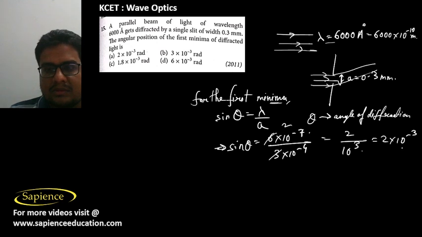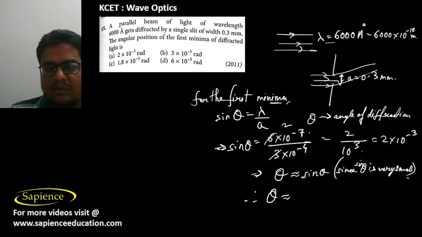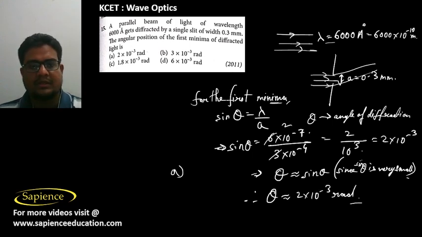Therefore sine theta is very small, so theta is approximately equal to sine theta. So the angle theta is approximately 2 into 10 power minus 3 radian. Option A is the correct answer.